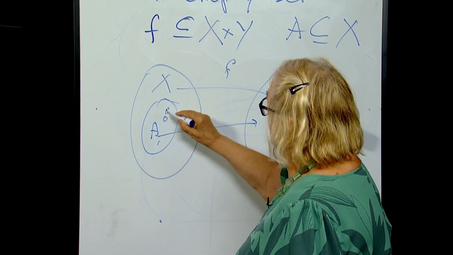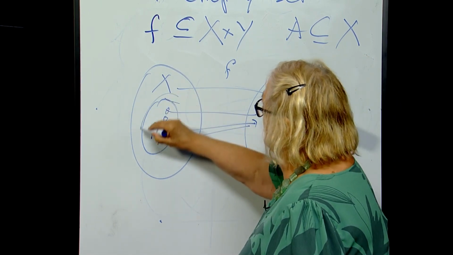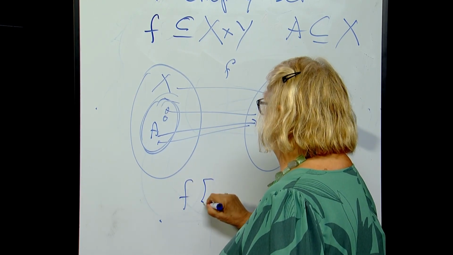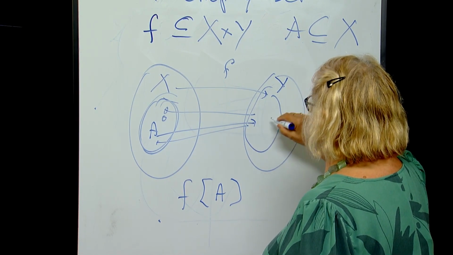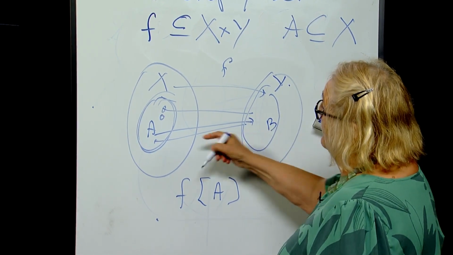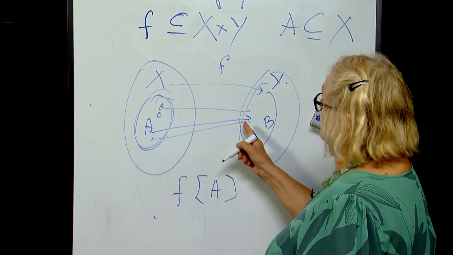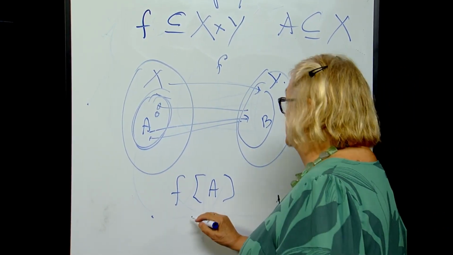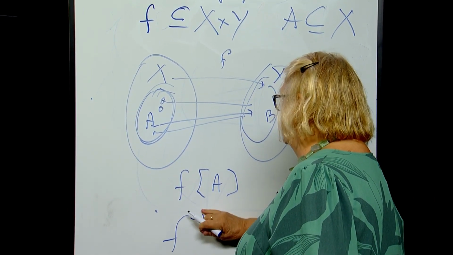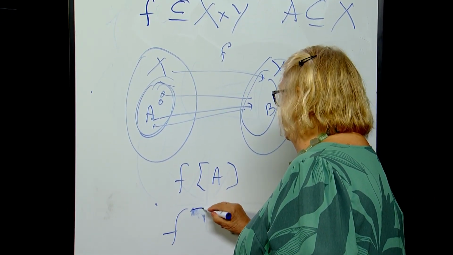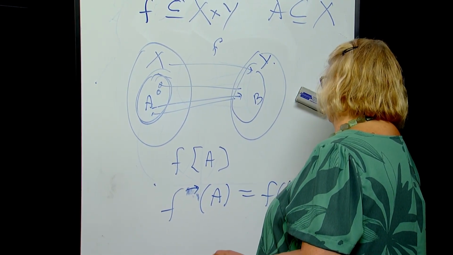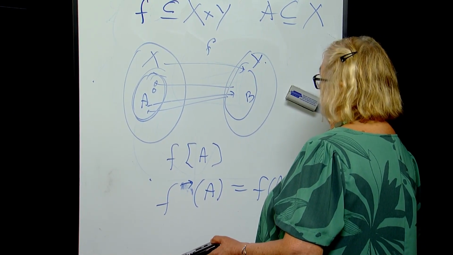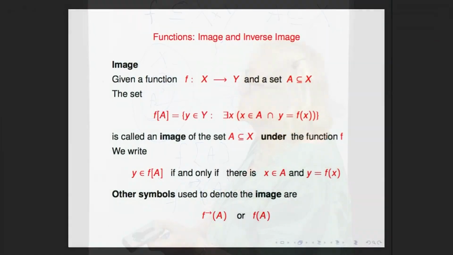The function acts only on the subset, and you talk about the image of the set, and this is the set B in Y where the beginnings of the arrows are in the set A. Another notation is f(A) equals B. So that is the image of A under the function.